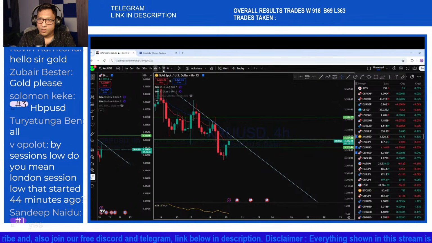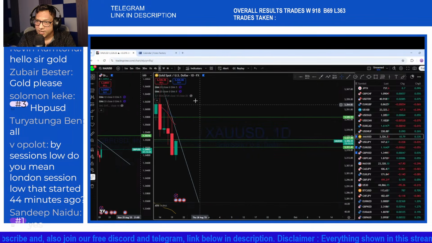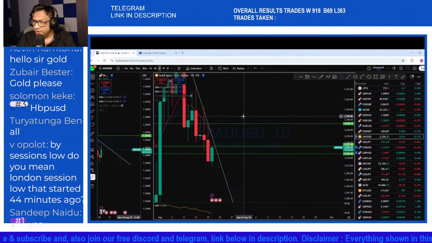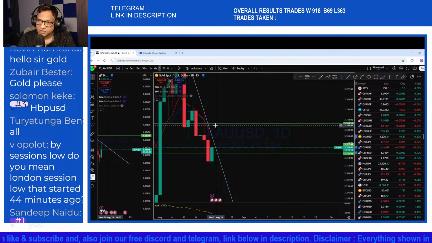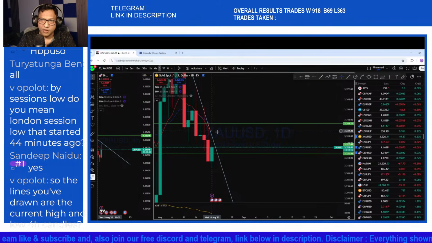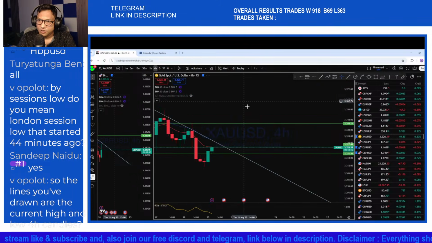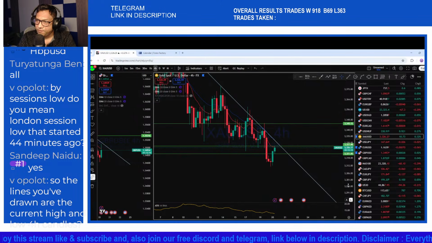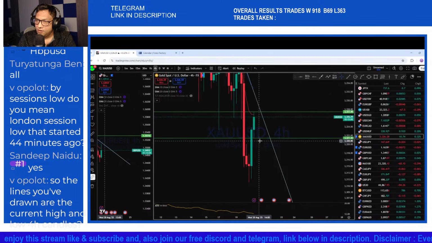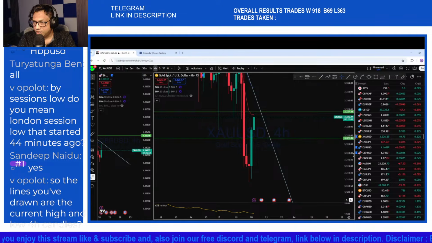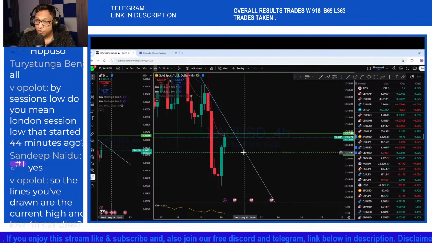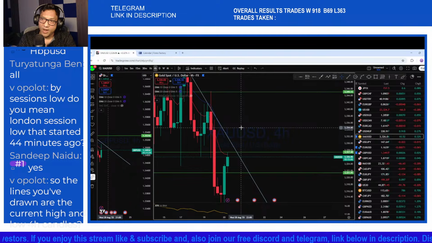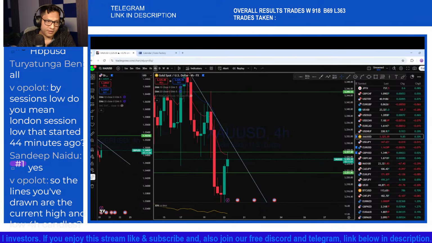So if this 4-hour moves directly to hit that 3345 today, which we might see, that's going to be a big selling opportunity for this market. In the meantime, any drop here with a stronger rejection, we can look for buying for this move. And I think gold may possibly go back up for a deeper pullback here.